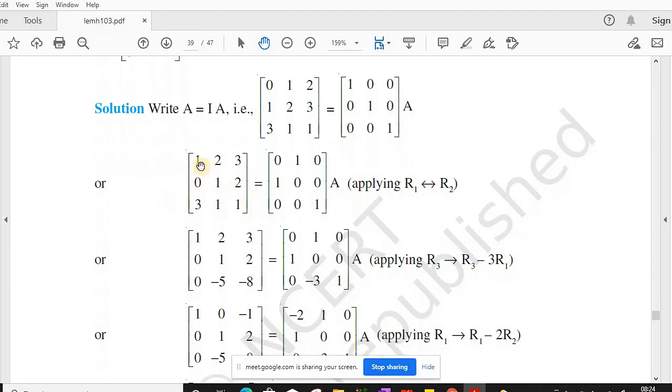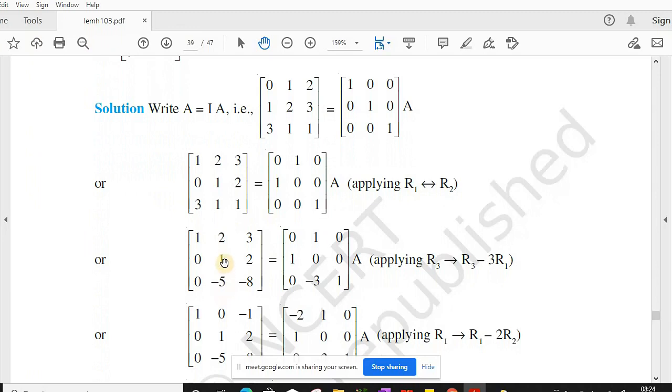When you have a 1 here, whatever the number is, you have to apply R3 changes to R3 minus that multiple of R1. This will be the formula.